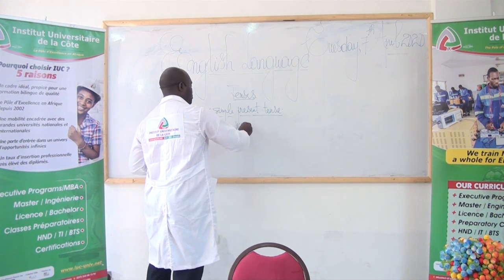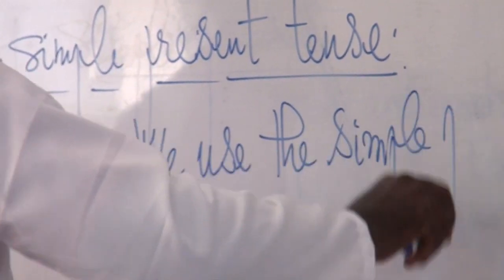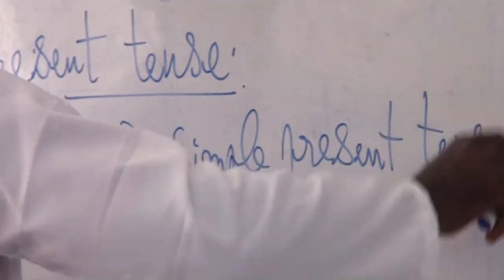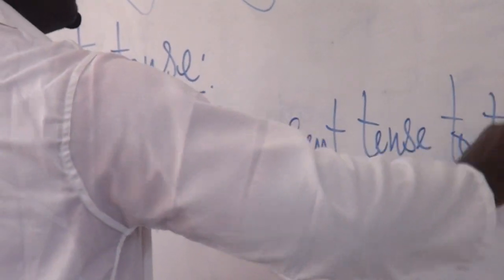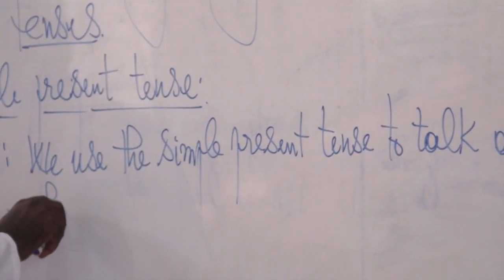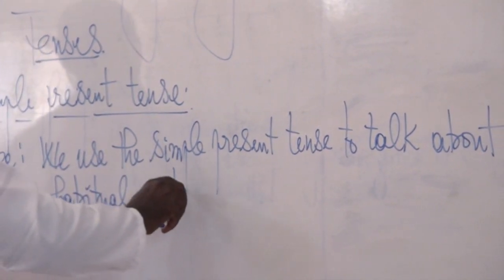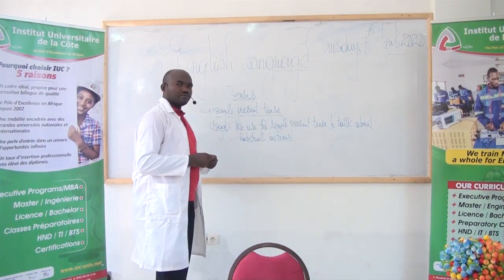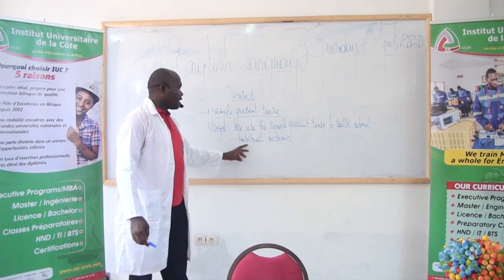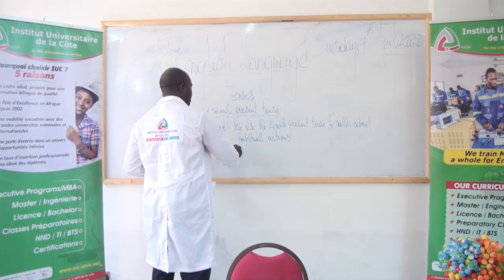We use the simple present tense to talk about habitual actions. Okay. Example.